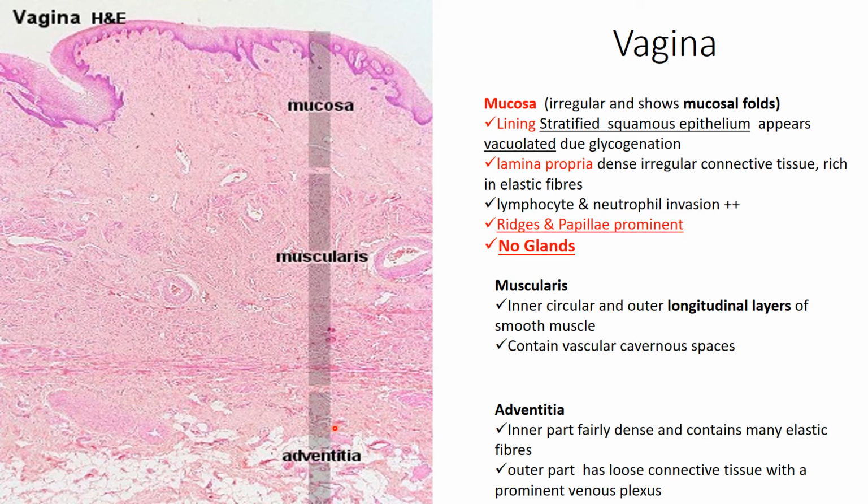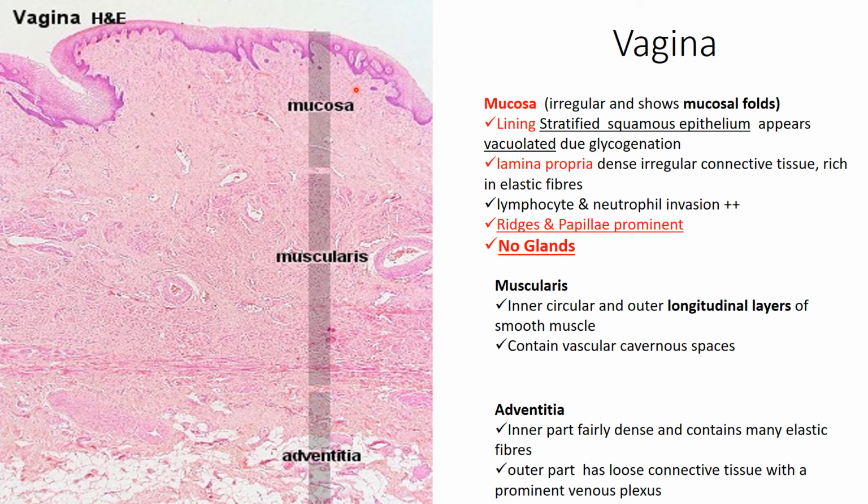So these are the lining epithelium: mucosa with mucosal folds, lined by stratified squamous epithelium resting on the lamina propria, which is highly cellular, made up of dense irregular connective tissue rich in elastic fibers. One prominent feature which is missing here is glands.